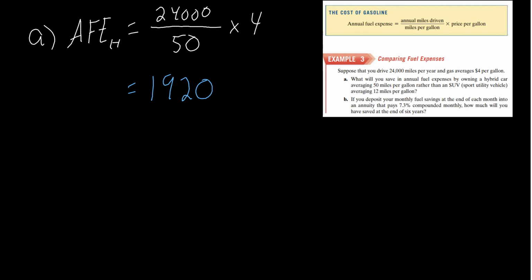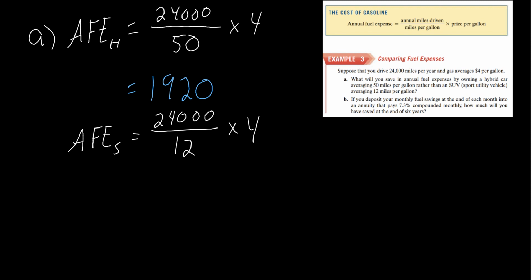And let's do the AFE, the annual fuel expense, of our SUV, which we'll put an S down here for sub S. Again, we're driving 24,000 miles. This time we're getting an incredibly low, like you have to try to get that low, 12 miles per gallon times 4.